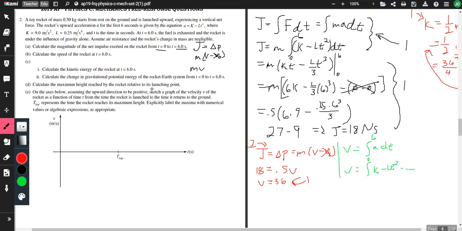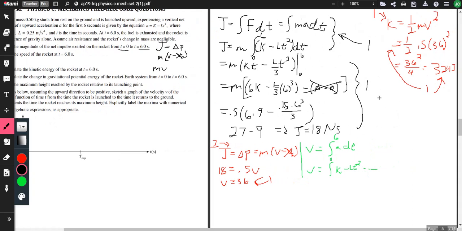So what that kind of means is, in order to find this change in potential energy, which is going to be equal to mgh essentially, I need to figure out what the equation is for h.